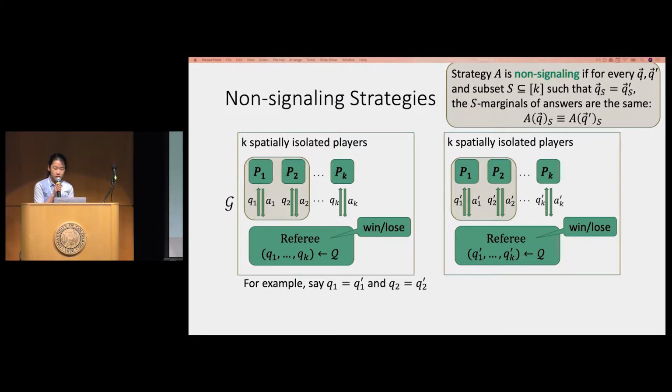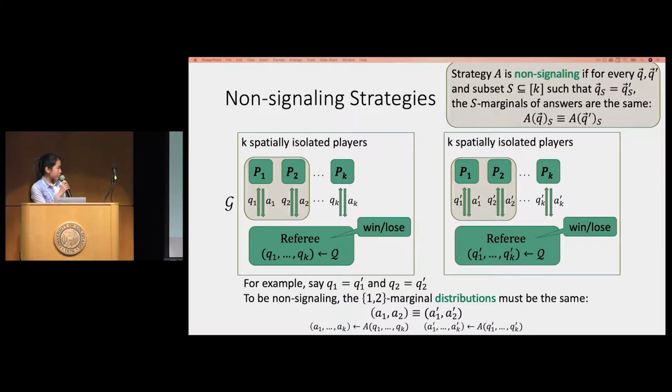Then, to be non-signaling, we just need that the 1-2 marginal distributions are the same. We need that when we sample answers from the strategy on Q1 through Qk, or when we sample answers from the strategy on Q1 prime through Qk prime, the distributions of A1 and A2 are the same for both.